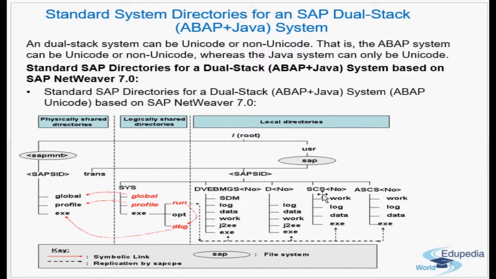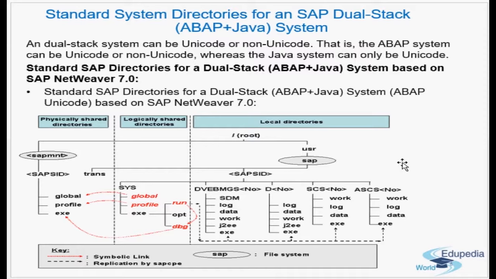The central services just have log, work, data and exe, whereas the application server directories have log, work, data, exe with J2EE. The rest is the same. Here also the replication is made from the exe under sys, and the logically shared directories and the physically shared directories under sys and SAP SID are connected through symbolic links.